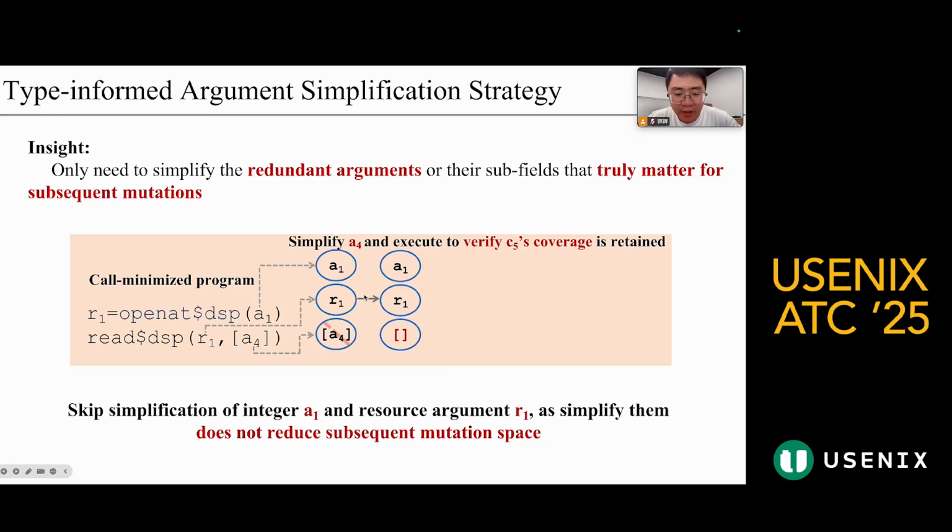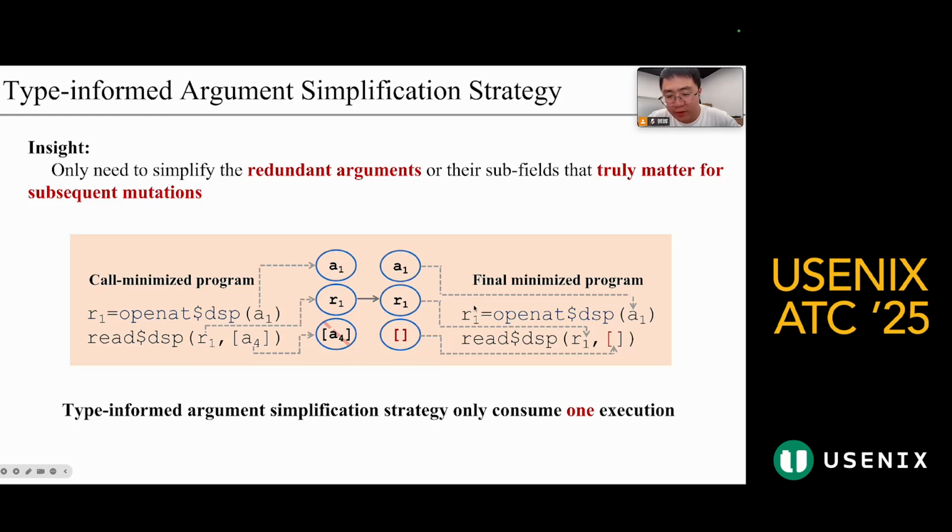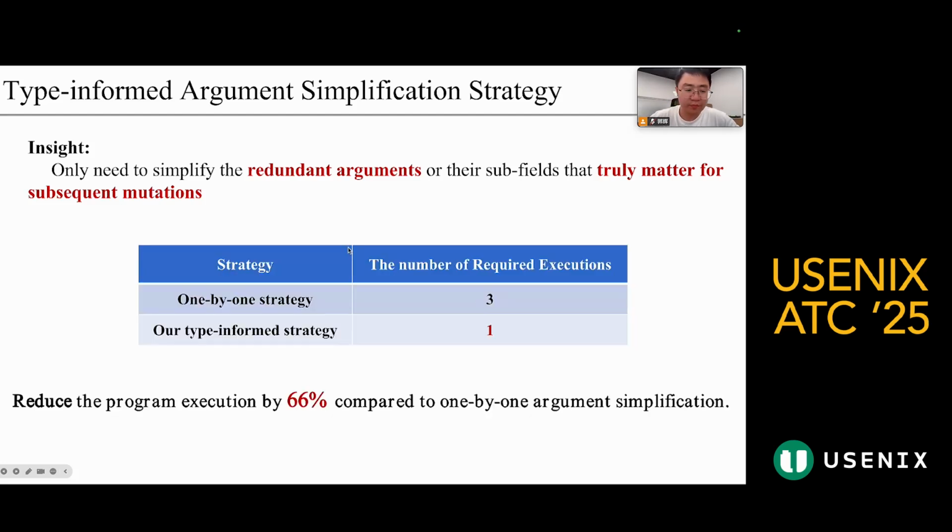Assuming this attempt is successful, the program becomes this. As a result, our type-informed strategy only needs one program execution to reduce the irrelevant arguments.